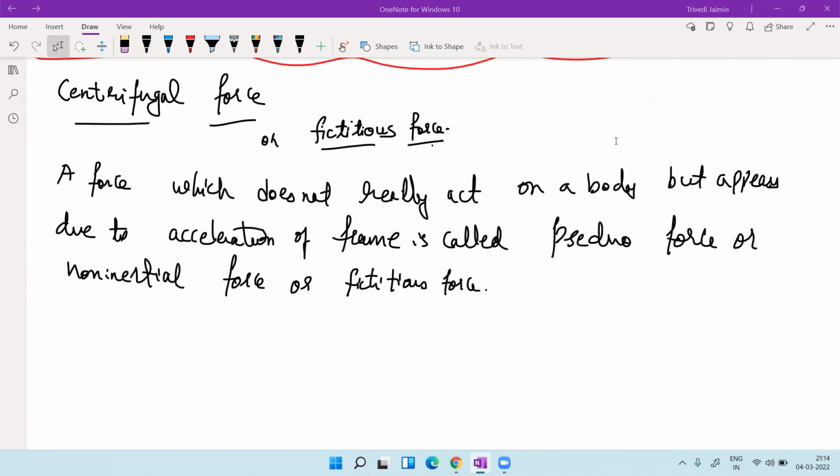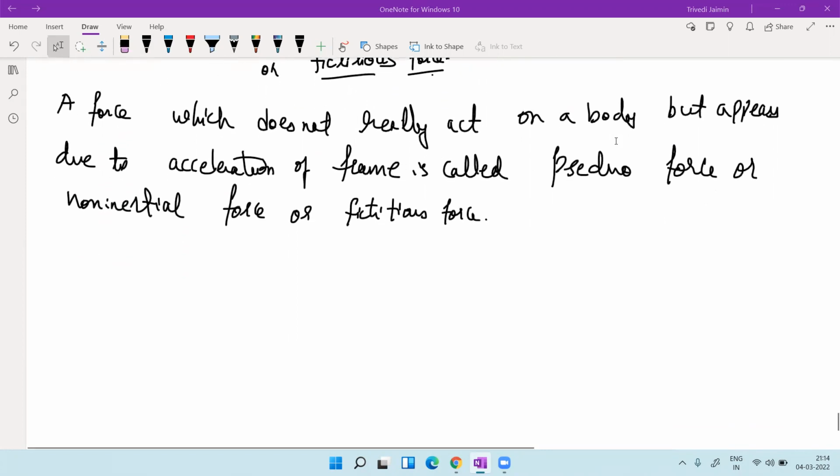So anyhow the formulas will be the same. Okay, mv squared by r, same thing. It's not a big deal here. But the force which is opposite to this one, centrifugal and centripetal, both forces are there.